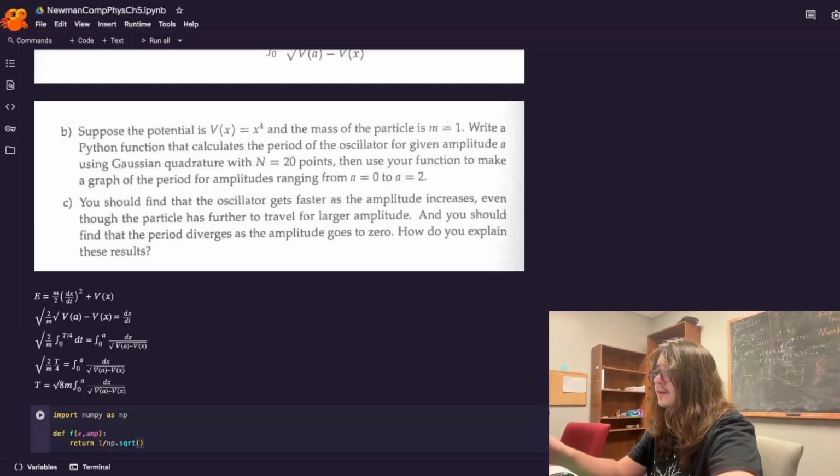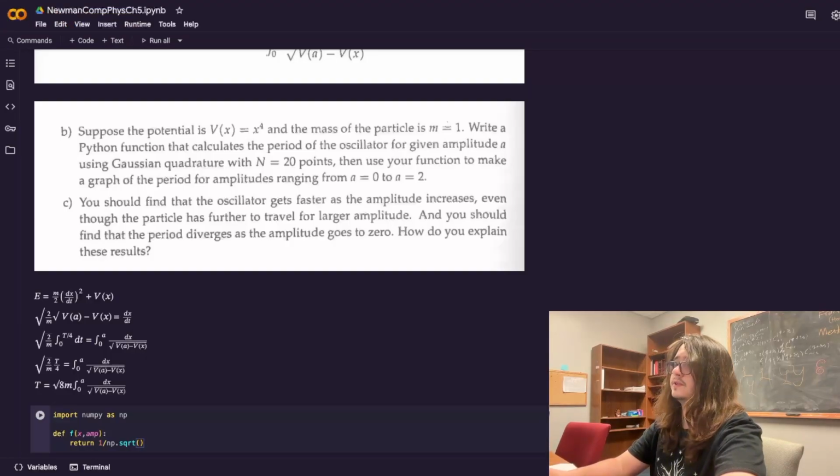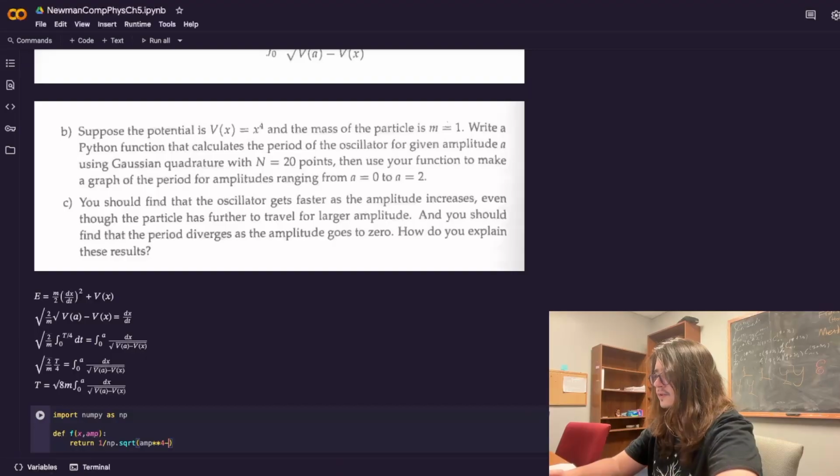So if V(x) is x to the 4, then V(A) is just amp to the 4th, and then you do minus x to the 4th, right?